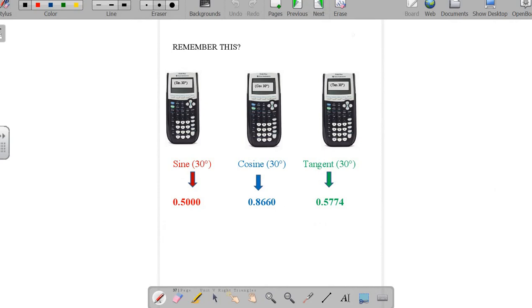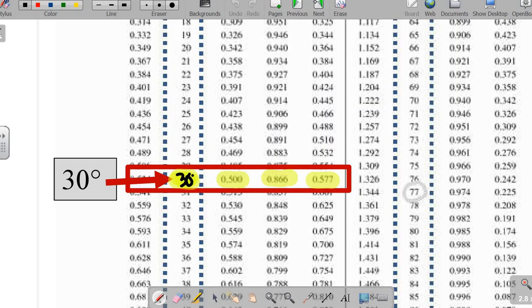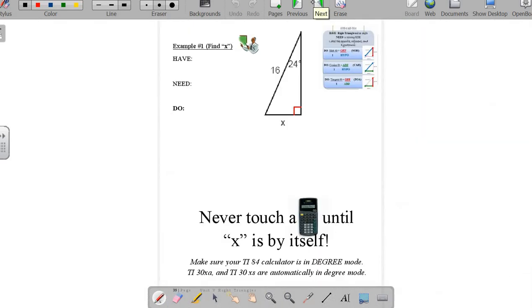This was all derived from the previous lesson. So literally over the past couple of centuries, the various ratios associated with various angles have been calculated and stored on these giant charts. Good news for you is that these giant charts are stored in your calculators now, so you don't have to look it up on paper. I'm going to show you how to use it.